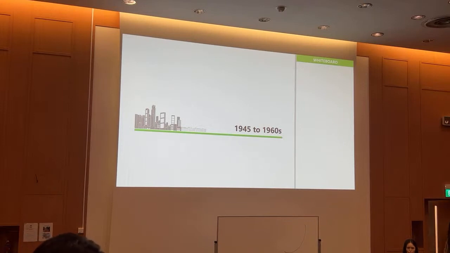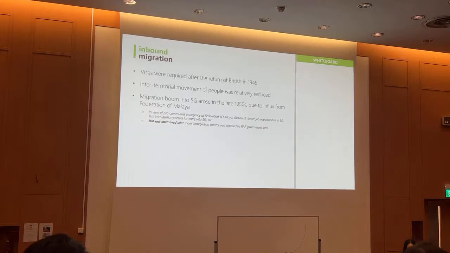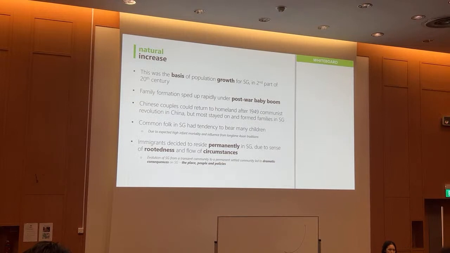Now we move on to post-World War II. Some level of migration resumed after World War II. We mentioned before in lesson 6 that there was an episode with more migration from Malaya at a particular time. However, the key thing, the hallmark of this era, would be babies, due to the post-war baby boom.